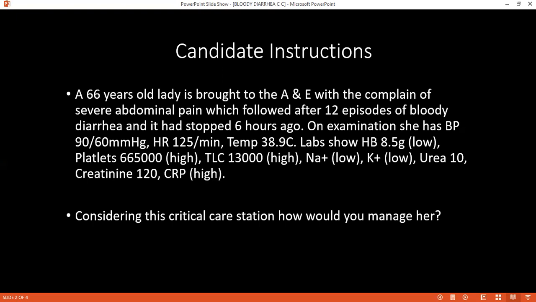Can you explain why the patient might have raised TLC? Yes, due to an increased inflammatory process, according to the cause, an inflammatory cause such as inflammatory bowel disease, ulcerative colitis or Crohn's disease, or infective gastroenteritis, bacillary dysentery, amoebic dysentery, ischemic colitis, or colitis by Clostridium difficile or Campylobacter jejuni.